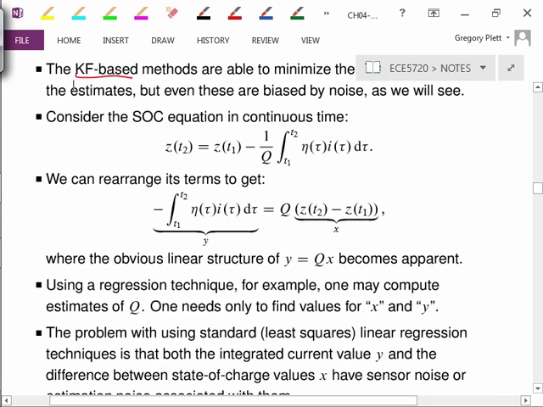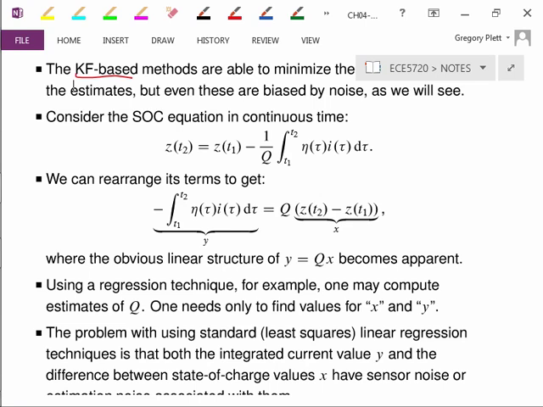We start by looking at the Coulomb counting equation, the state of charge equation in continuous time. Of course, we could do this in discrete time too by replacing the integrator with a summation, and nothing really changes in what I'm going to say if we do that. So we have here that the state of charge at time 2 is equal to the state of charge at time 1 minus 1 divided by capacity times the integral of current.